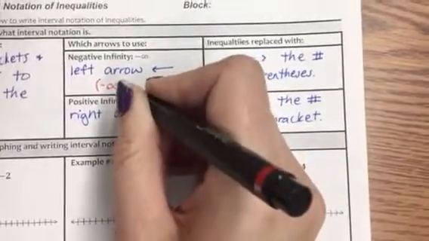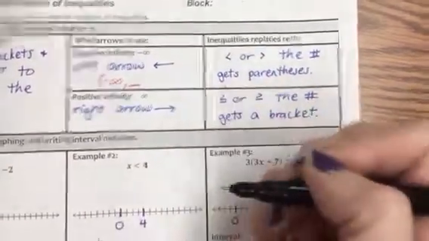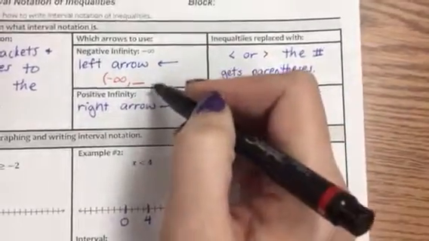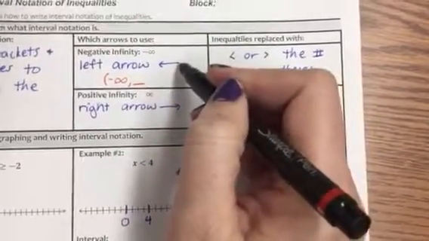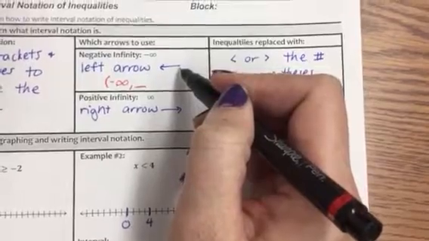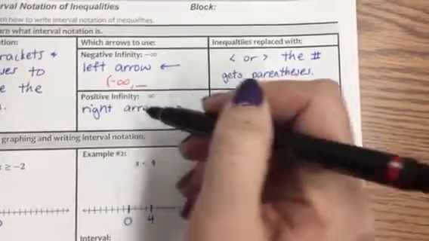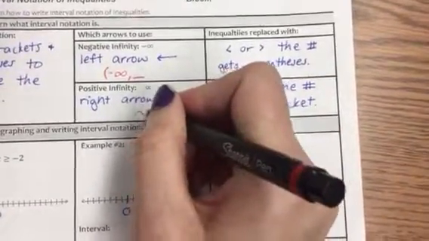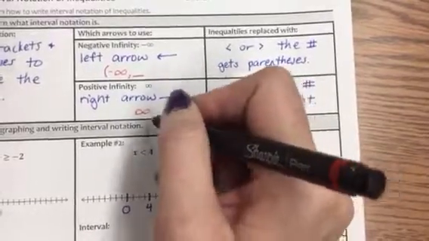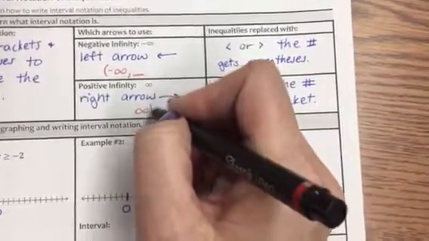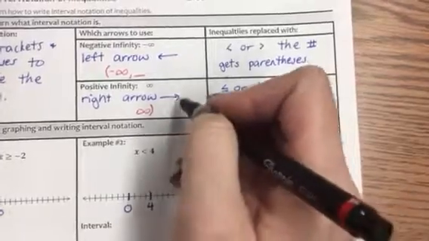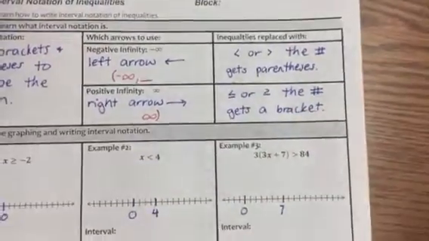Then you're going to have a comma, and then something else, and we don't know what it is, and we don't know what the other bracket's going to be. So it just depends on what the number is for this endpoint right here. For positive infinity, that always happens on the right side of the graph for domain. So we're going to be using a positive infinity and again a parenthesis, and then we're going to have that right arrow.